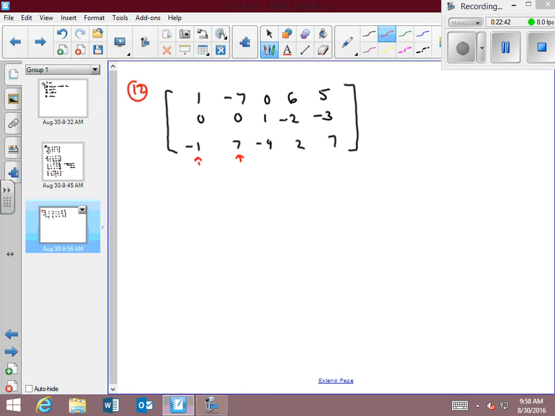So switching those rows would be kind of useless, because I'd have those two anyway. So let's just go ahead, take row 1, add it to row 3 to get rid of that minus 1, and we will get rid of the 7 at the same time.